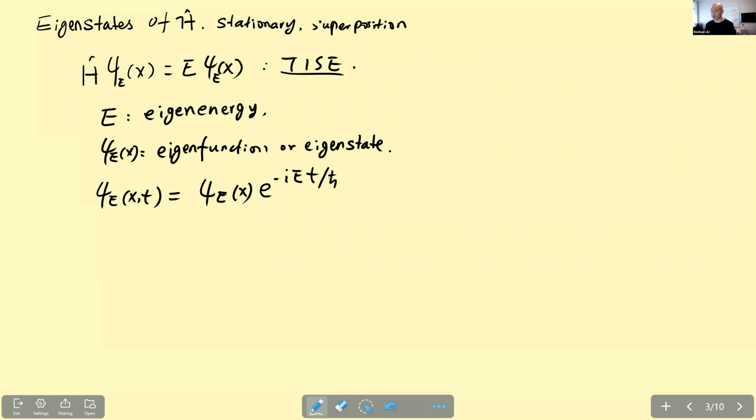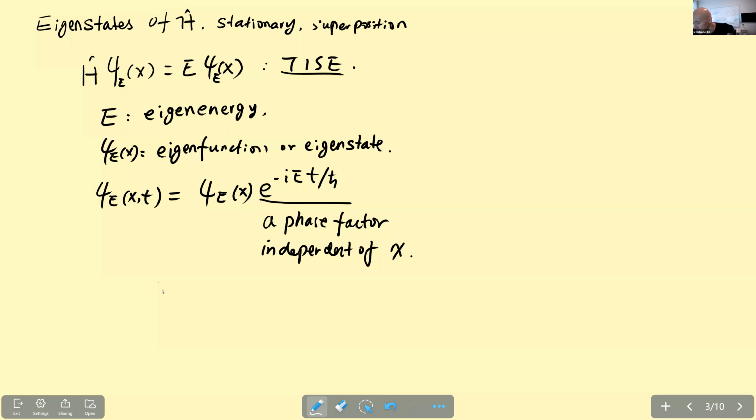So this is evolution, okay? And notice that this one is a phase factor independent of x, okay? So because of this one, we'll say that this one is actually a stationary state.